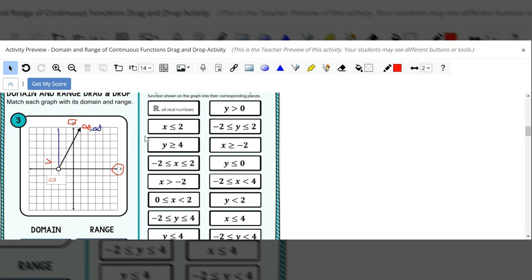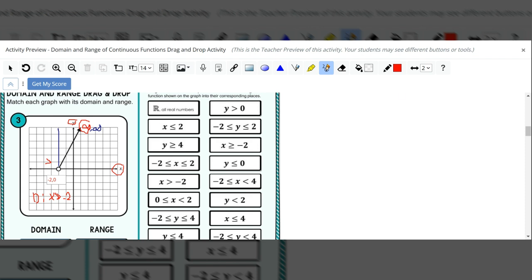I can write y equals, oh no, my bad, x is greater than -2. That's my domain. How do I know? Because my graph starts from -2 and continues going to the right. To the right is positive. So by positive, I mean my infinity is positive. So that's why this is greater than, going big.